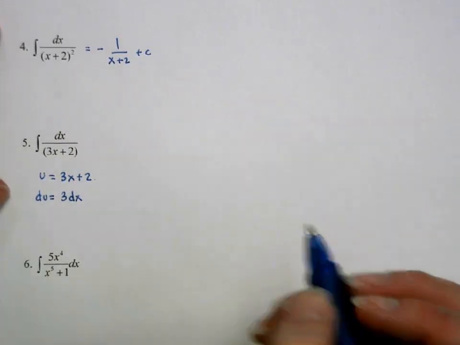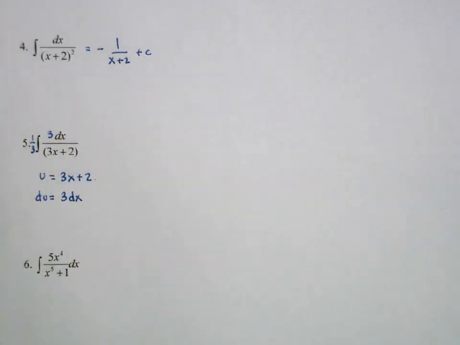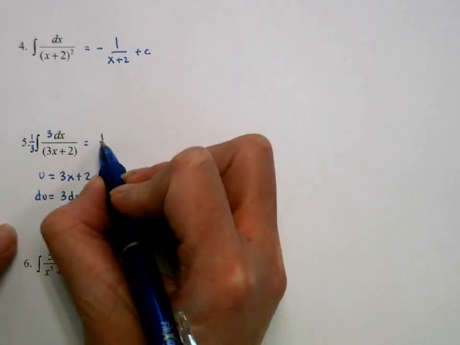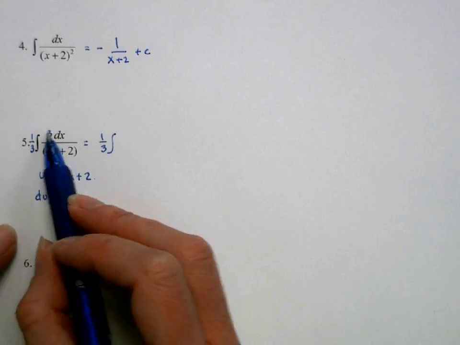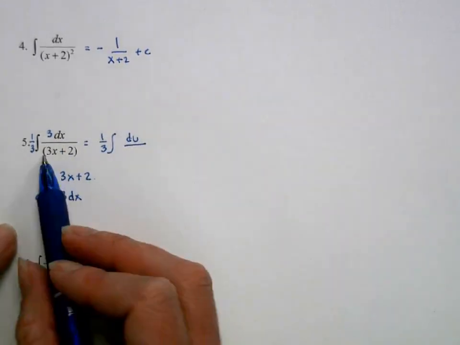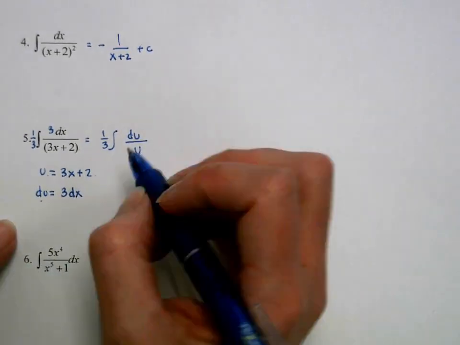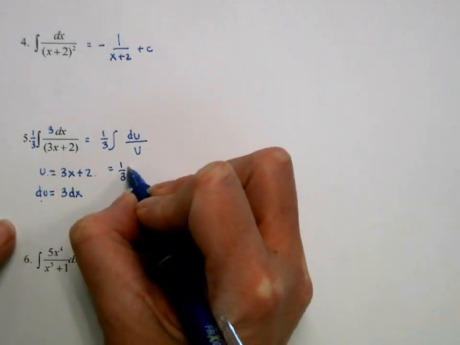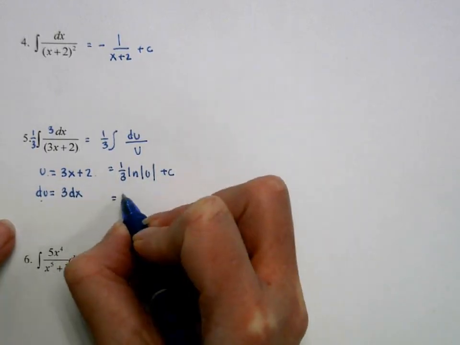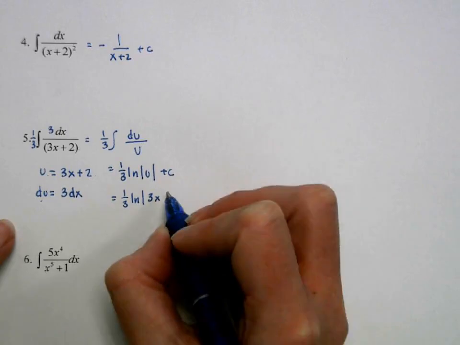We don't have a 3 dx, but we can make a 3 dx as long as I undo that fact. So my 1/3 goes along for the ride. 3 dx becomes my du, and 3x plus 2 is my u. And we're right back to natural log. So this will be 1/3 times the natural log of u plus c. And then we'll go ahead and substitute back in our u.